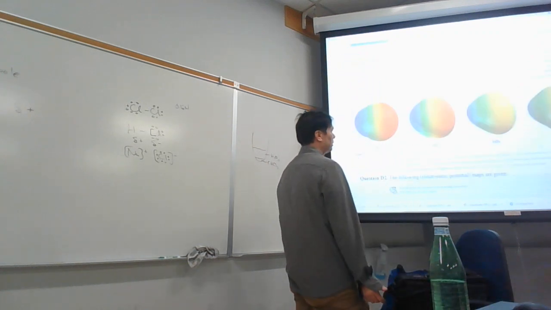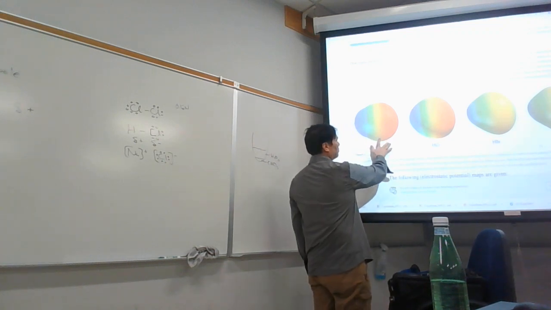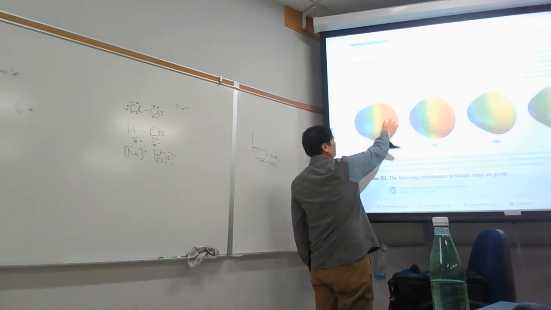So we're looking at different polarities here. HF would be the most polar because fluorine's more electronegative. So you can see it's more red here.